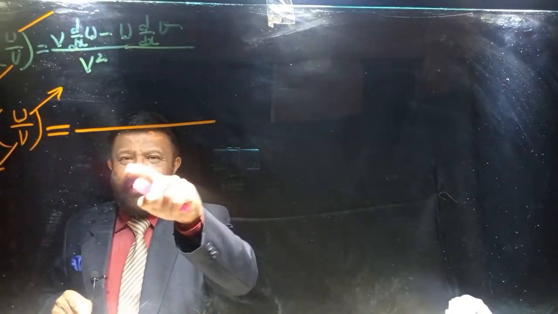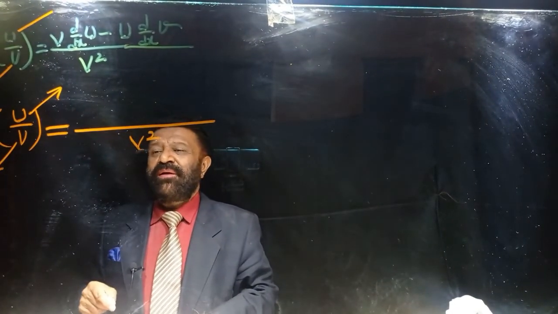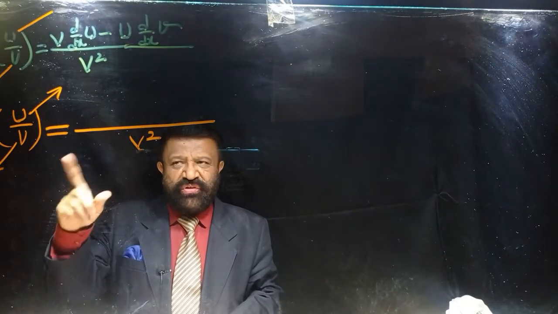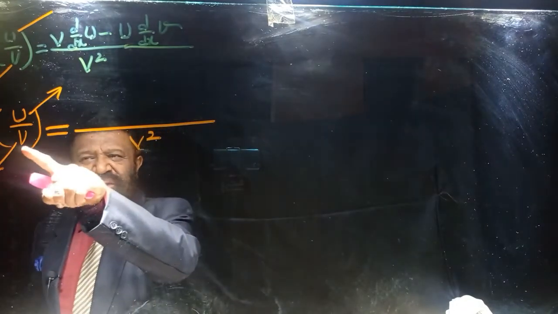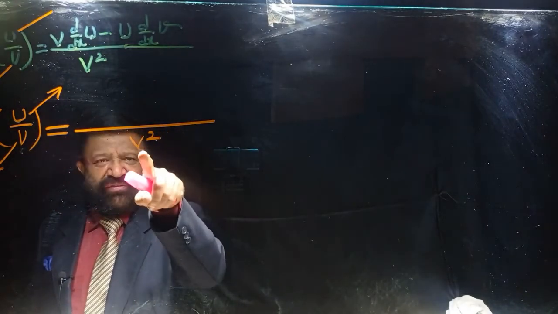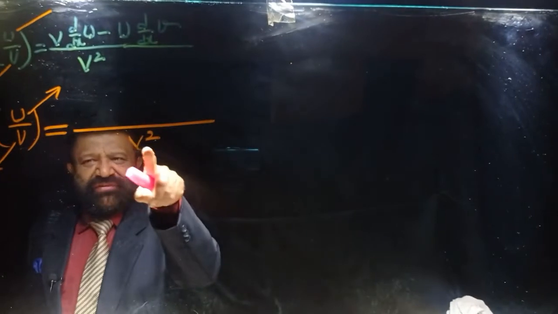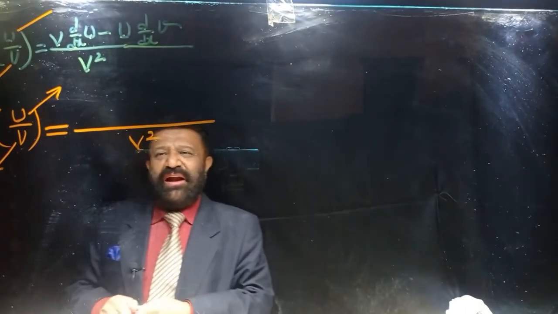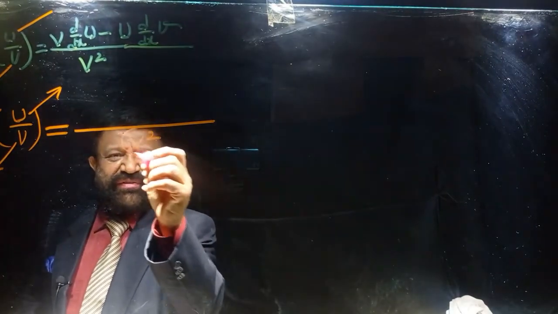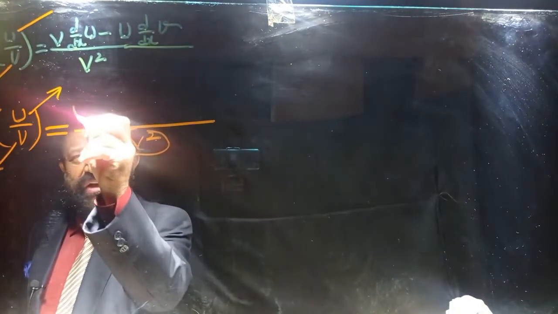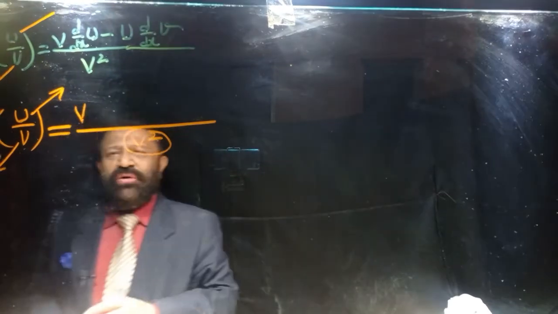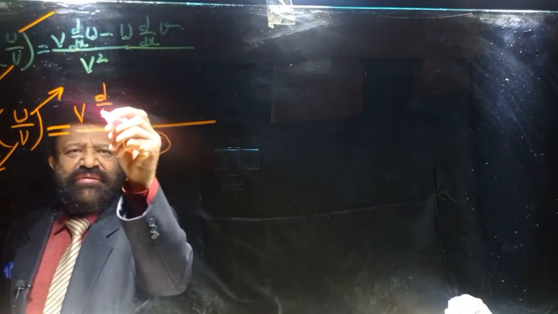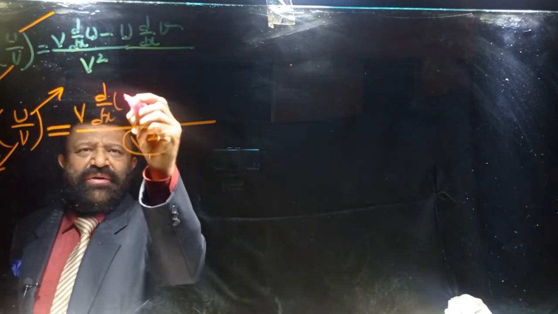Whenever you solve derivatives of a quotient function, you will take the square of the denominator, v square over here. Then write v here, only v, and then the derivative of u.